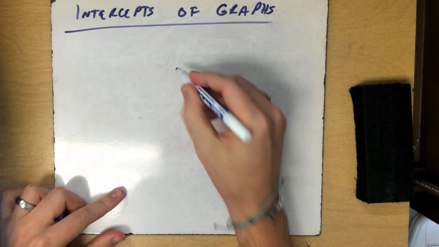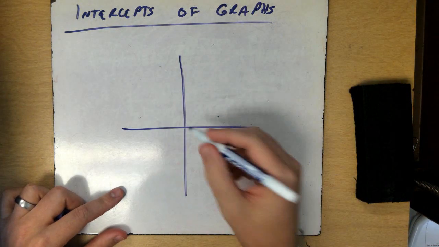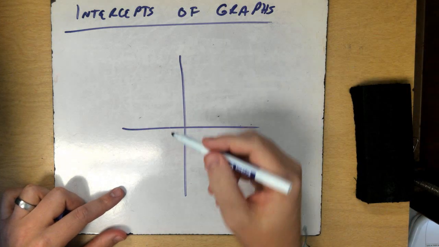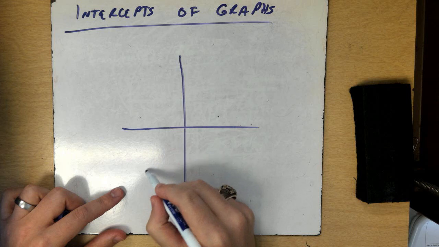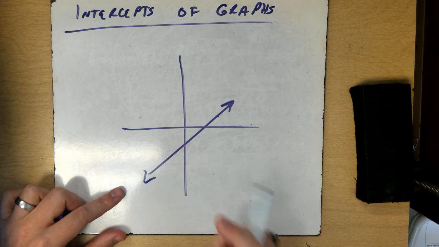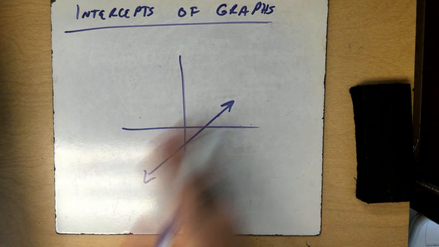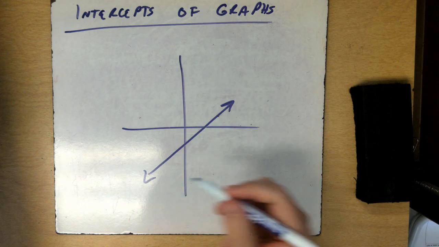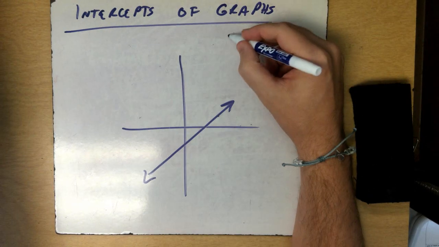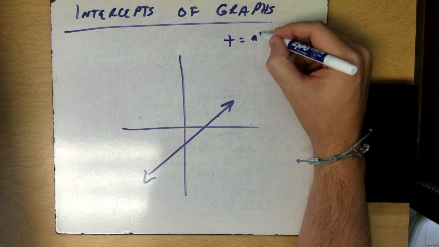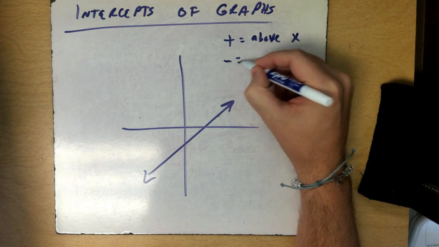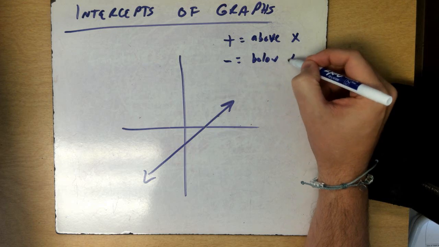So we have our little graph here, and just for fun, let's do this. There's our graph, our function. The function is our line there. I don't need numbers for this. I'm just trying to show you positive and negative. Like I said, it's positive when it's above the x, and it's negative when it's below the x.